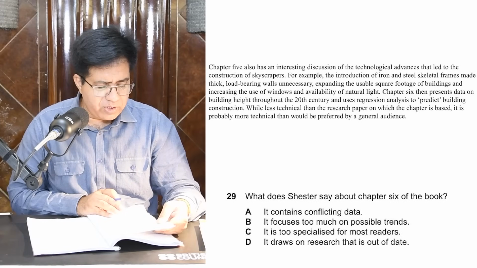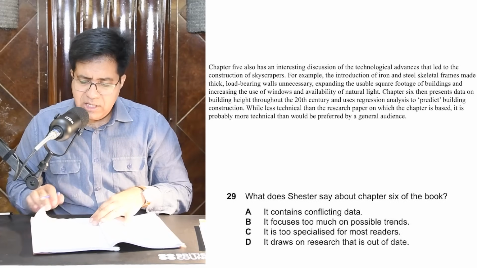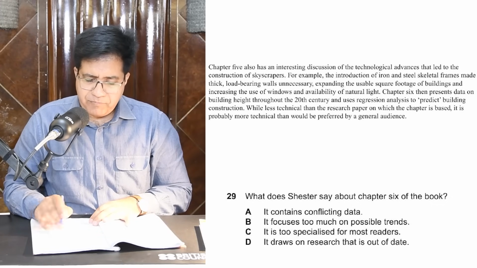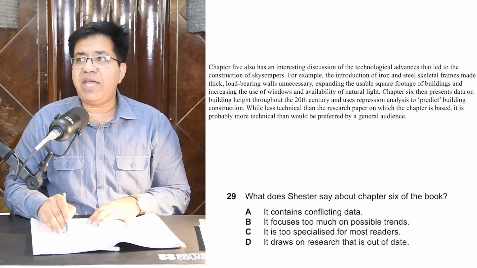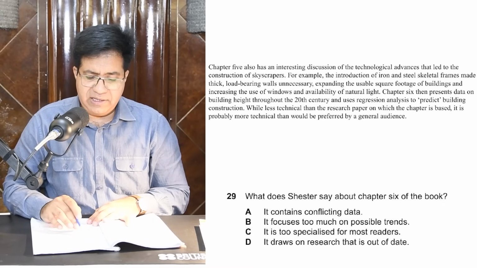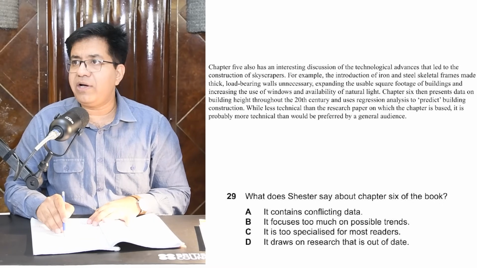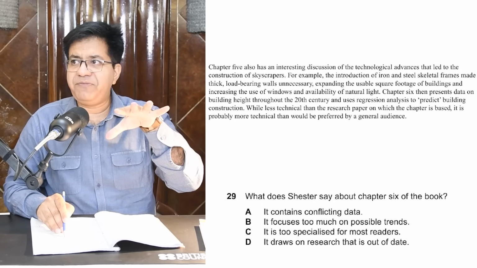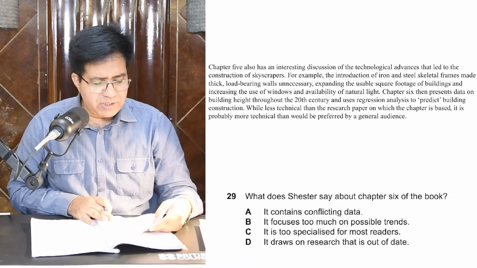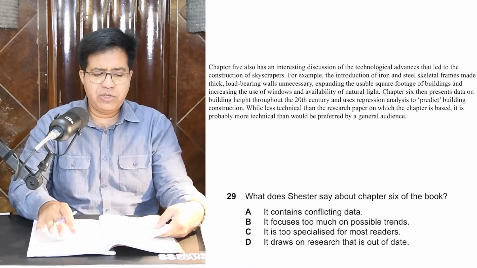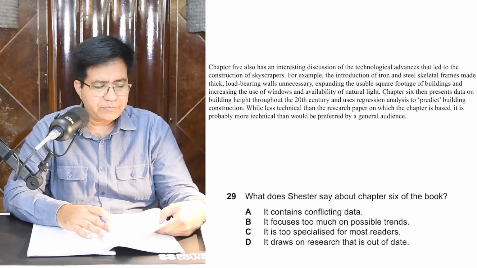And what is the word for too specialized for most readers? They said it is probably more technical than would be preferred by a general audience. Means what general audience prefers, it is more technical than that. So that is option C. It is too specialized for most readers.